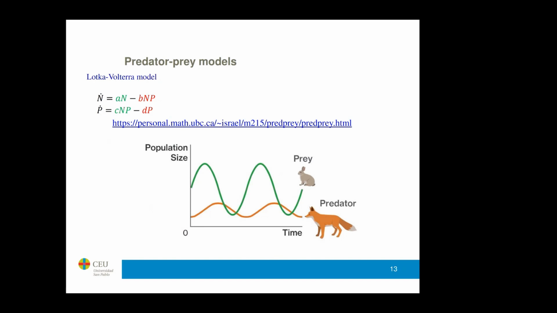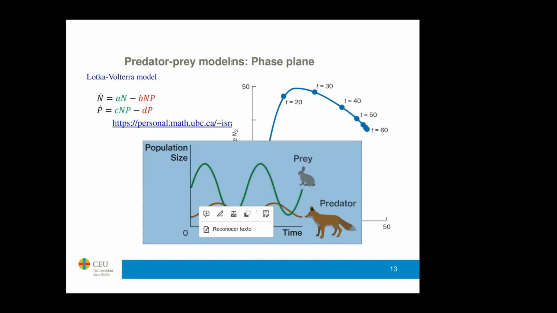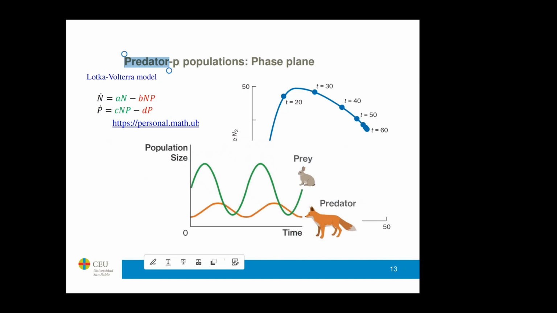But as they go down, there is less food, and then predators start to die, and they also go down. And at some point, there will be again very few predators, and then the prey can go up again.